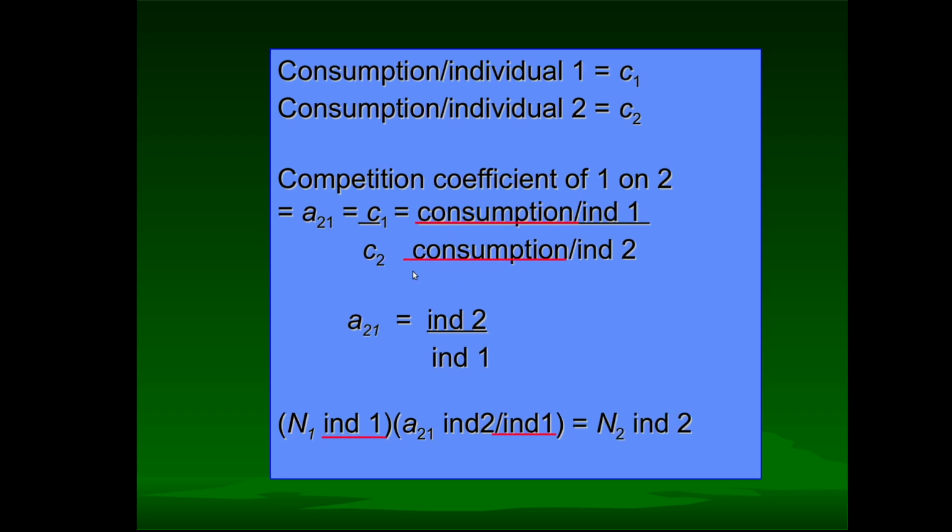Okay, so if you multiply N1 individuals of 1 times A21, you've got N2 individuals of species 2. So it's just a proportionality constant that converts from individuals of species 1 to individuals of species 2.